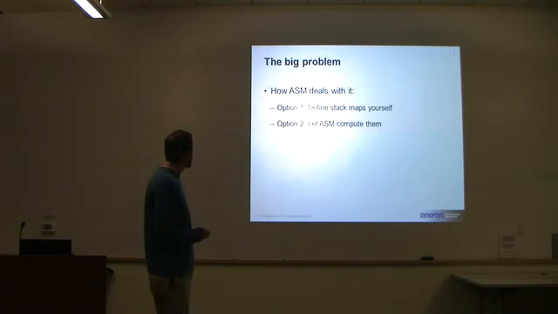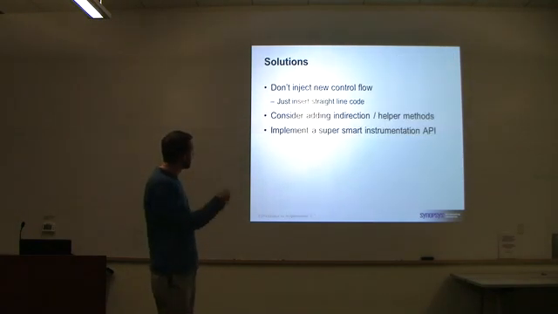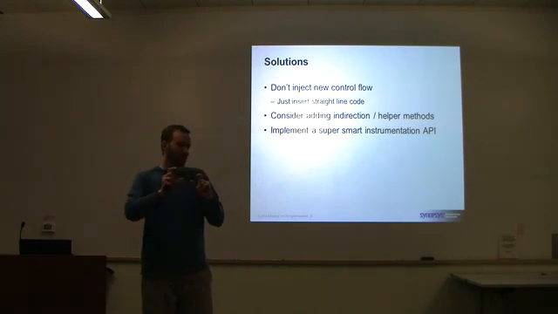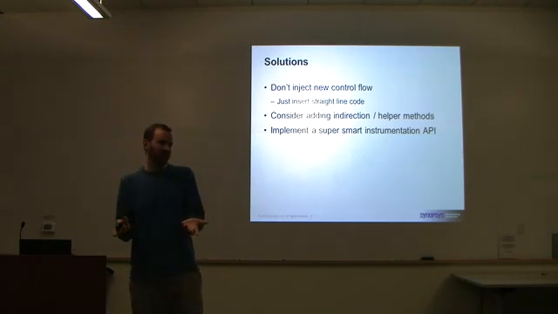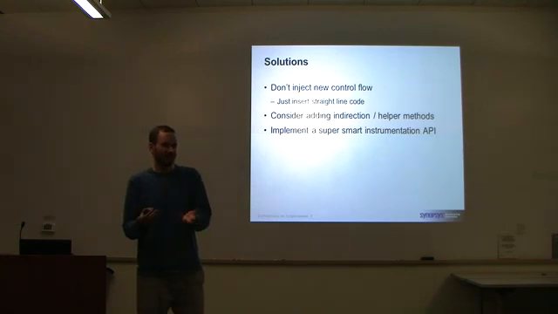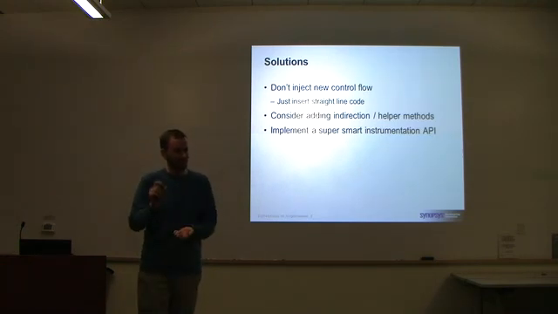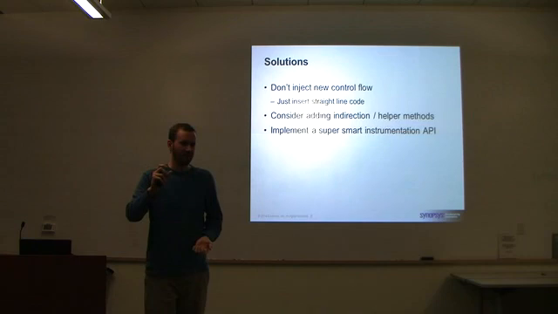Like I mentioned here, if I'm just inserting code and I'm not changing the structure of the function, then I can reuse the existing information because I haven't changed what is on the stack at these control flow join points.